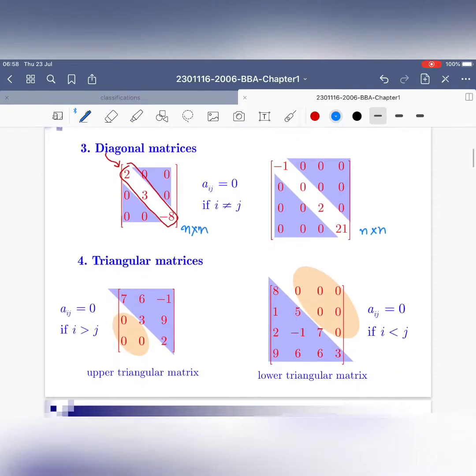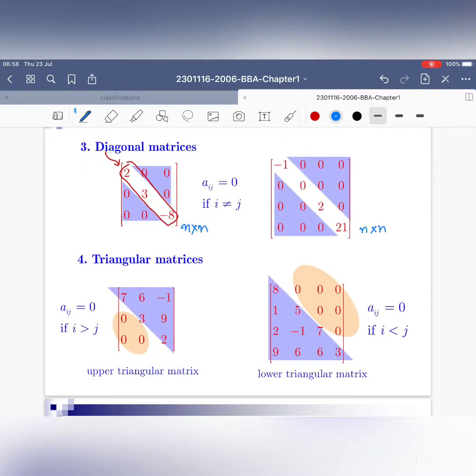Another one is the so-called triangular matrix, okay. A triangular matrix, for example this one, the upper triangular, means that all the elements including the main diagonal are the elements that we concentrate on.